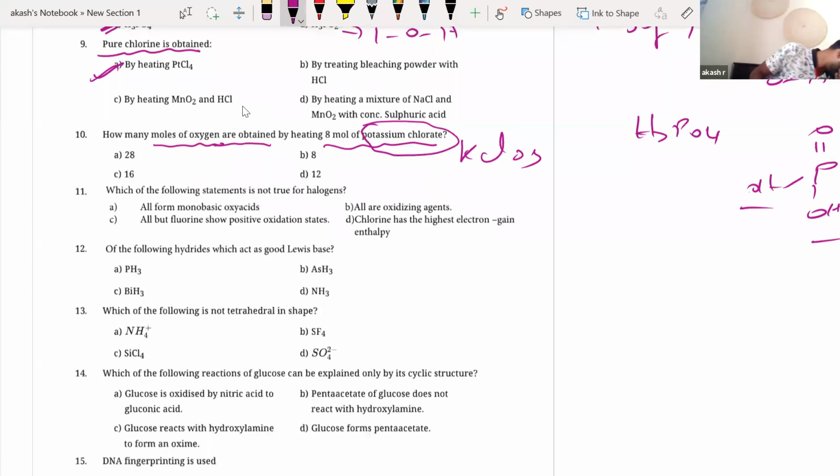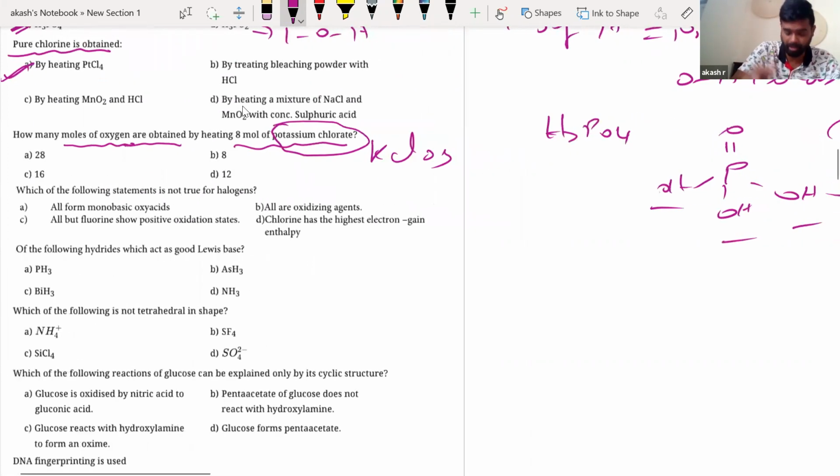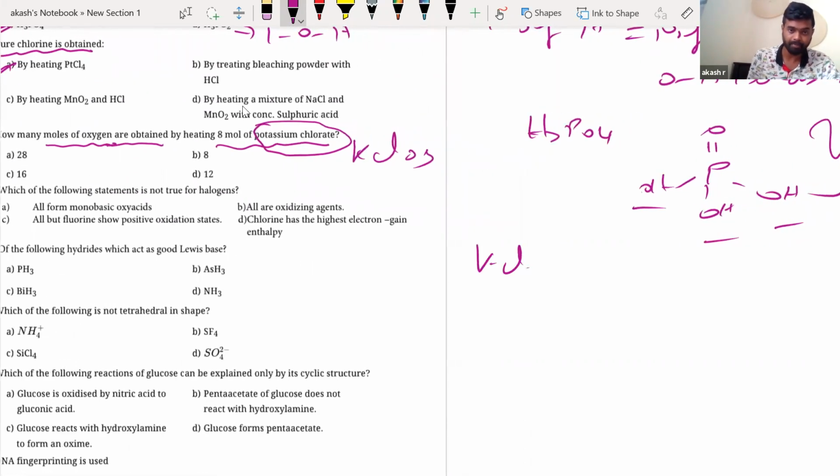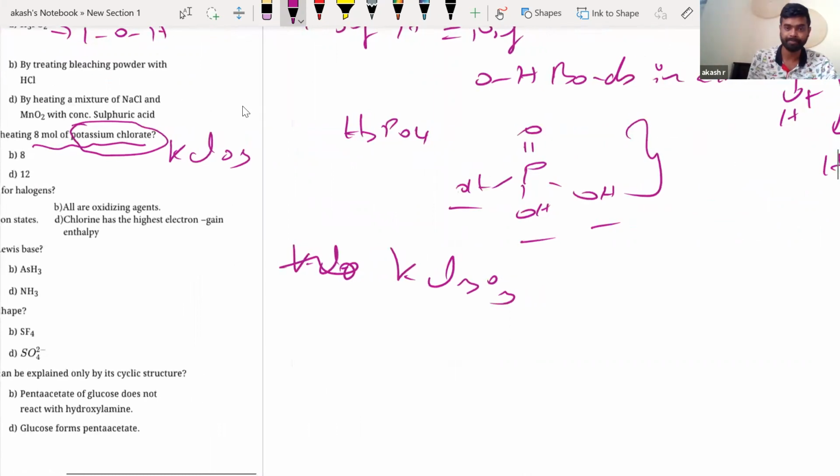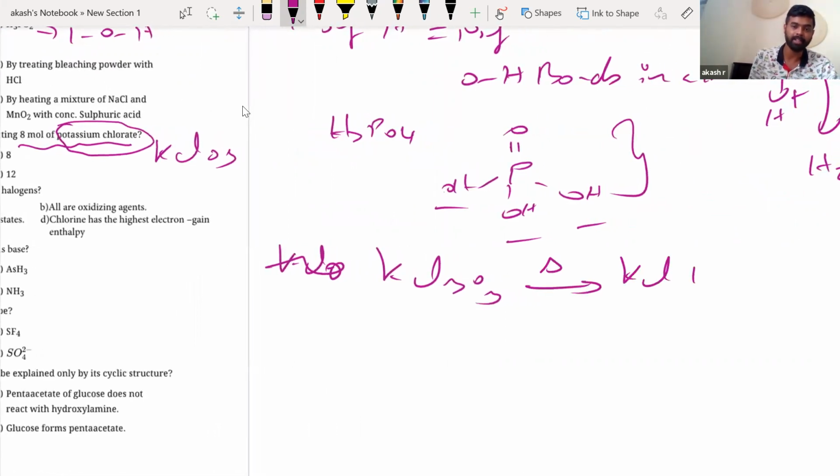KClO3, on heating, will give me KCl plus O2. Right? I have to write it properly.